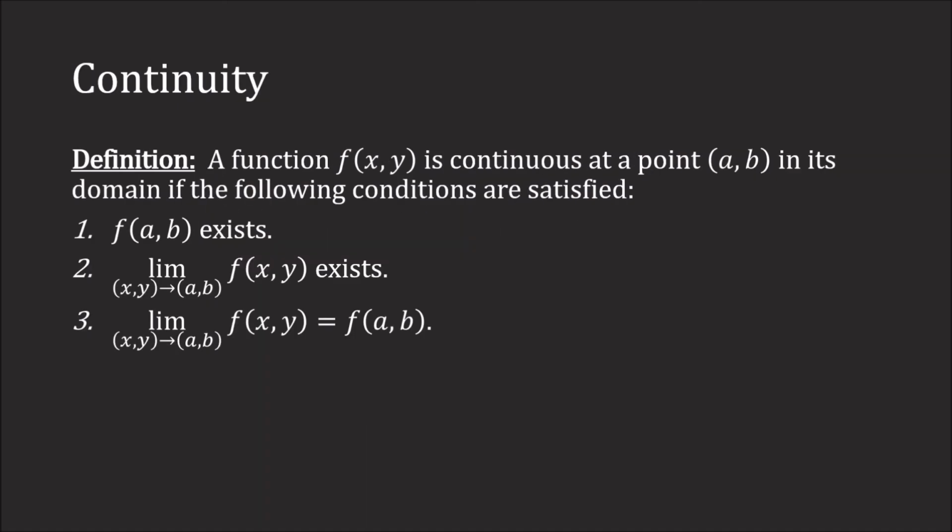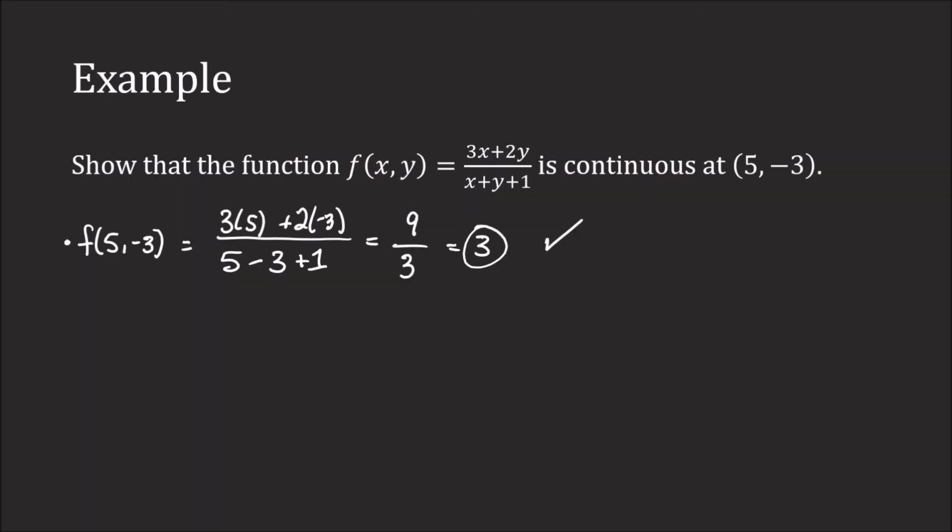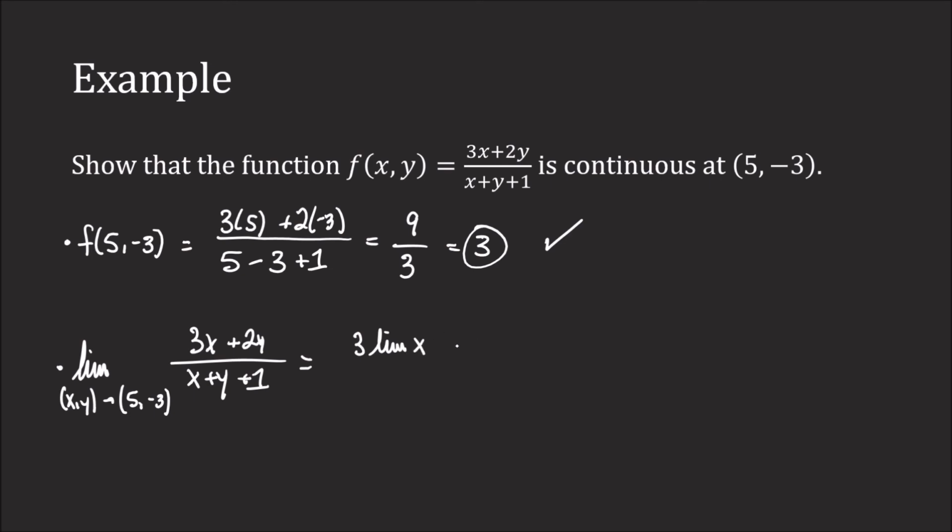So we can check the second and third condition simultaneously. Now we just take the limit as xy approaches 5, negative 3 of 3x plus 2y over x plus y plus 1. Right, well, according to the limit laws, we're going to get 3 times the limit of x plus 2 times the limit of y all over the limit of x plus the limit of y plus 1.